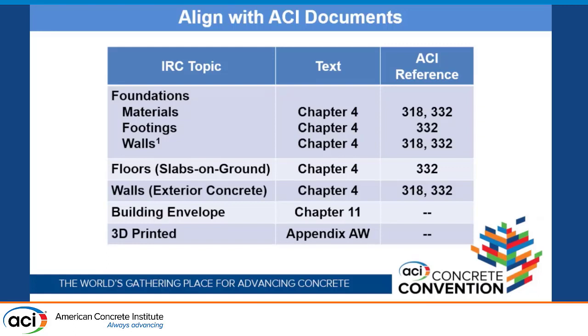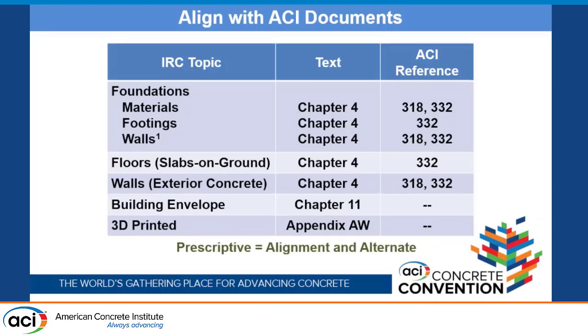Again, for the 3D printed buildings, there was something proposed for concrete to comply with in Appendix AW of the residential building code, and we had to fight to get that out based on the recommendation from our committee. So the residential code is more prescriptive than it is a design process.